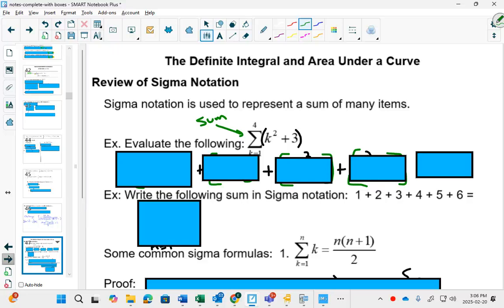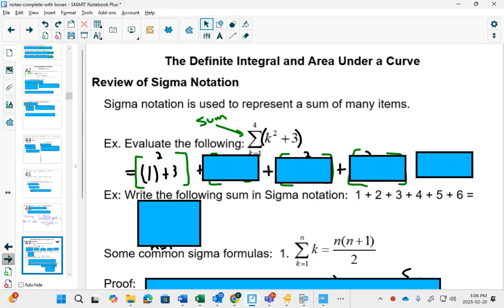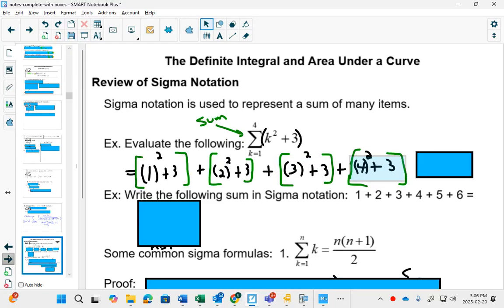And here's your formula. So when k is 1, it would just be 1 squared plus 3. That's the first term. Then k is 2 squared plus 3. So you plug 2 into the formula. Then you plug 3 into the formula. Then you plug 4 into the formula. And if we put that all together, it's equal to 42.